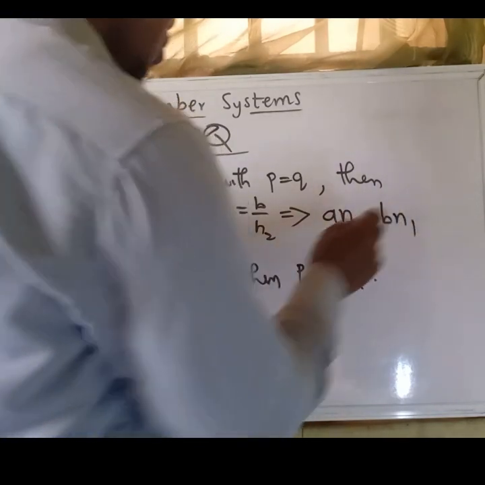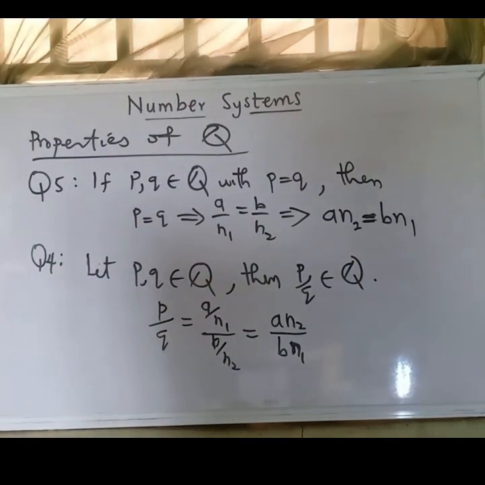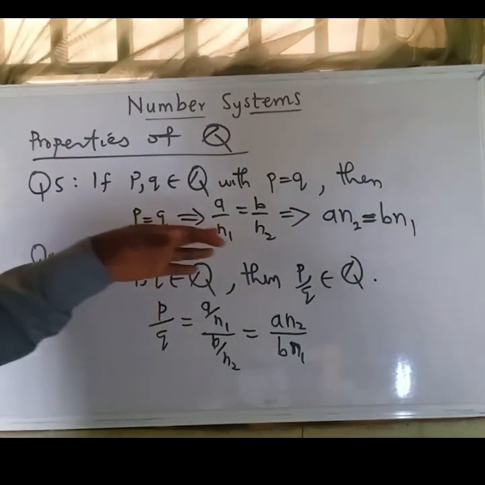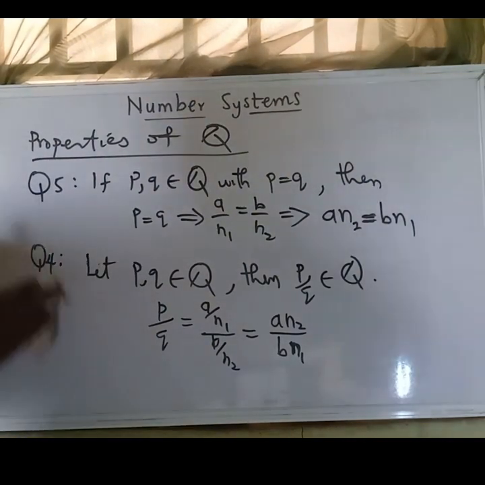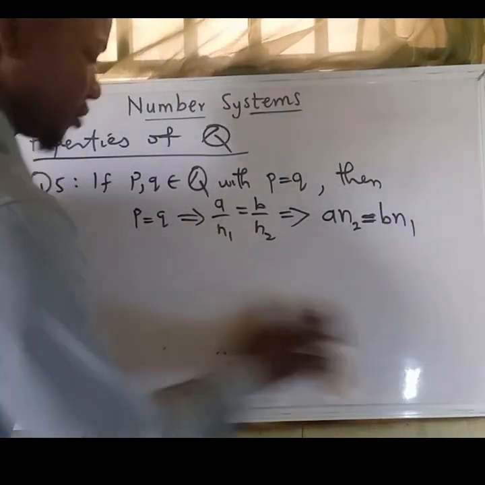So if two rational numbers are equal, this happens. I think we are used to this in some of our elementary math.